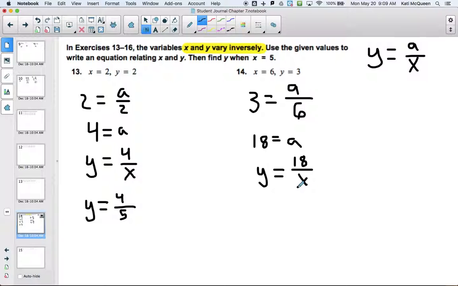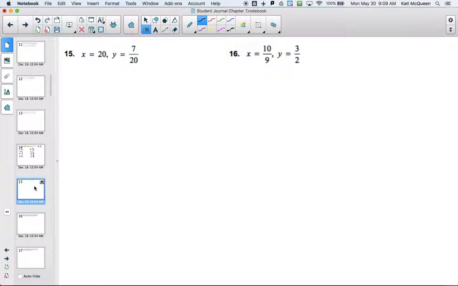And now they want to know y when x is equal to 5. So same idea, I'm going to substitute in that value of 5. So y equals 18 fifths. So you can leave it like that, or you can find the decimal if you really want to. Either way is fine. All right, so again, if you feel like you're getting the hang of this, go ahead and try 15 and 16 and then come back and see how you did.